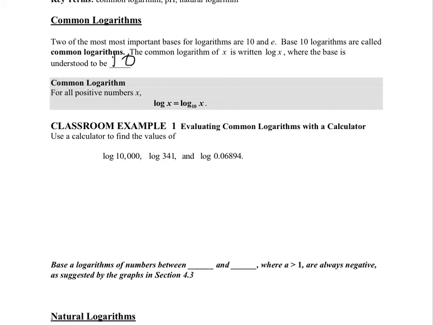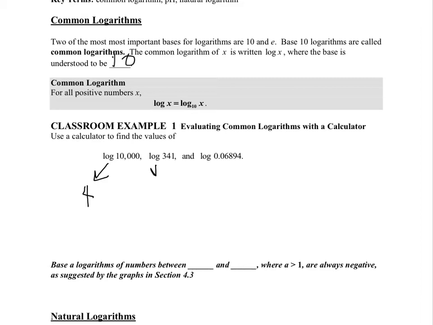For example, if on your calculator you hit the LOG key and then type in the number 10,000, and if we need to do any rounding, let's round to the nearest thousandth, three places to the right of the decimal. This is basically asking, 10 raised to what power gives you 10,000? The answer is 4.